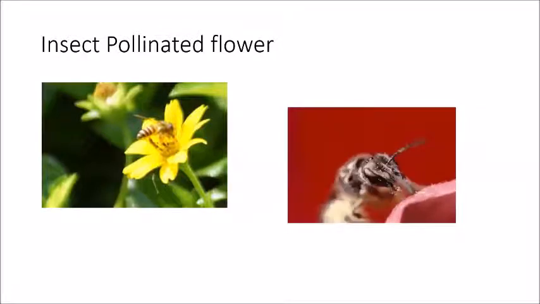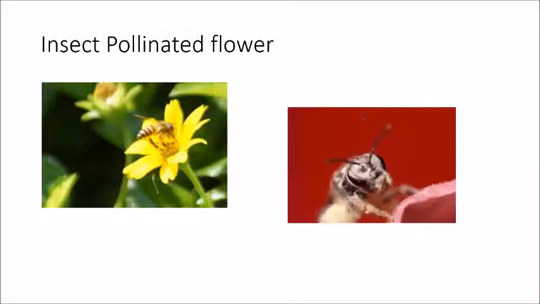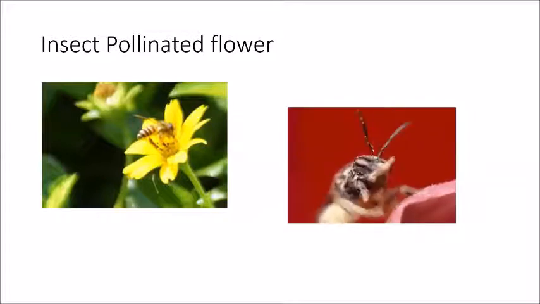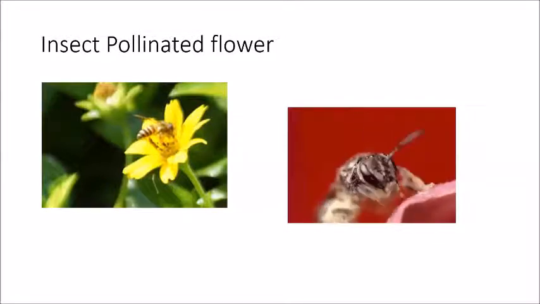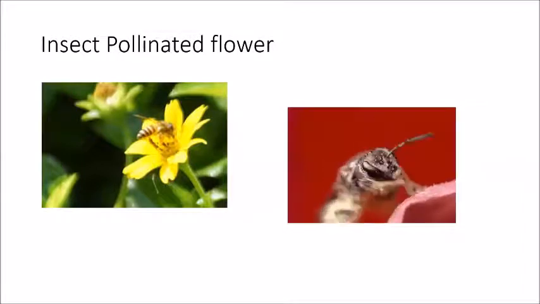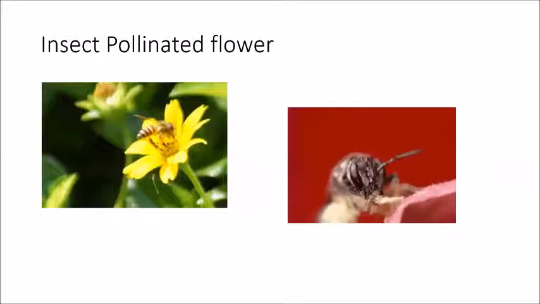So, for example, when it comes to the petals, these are the plants that you'll expect to have bright, vibrant colors. So colors such as yellow, blue, red, basically any vibrant color that's going to attract an insect.